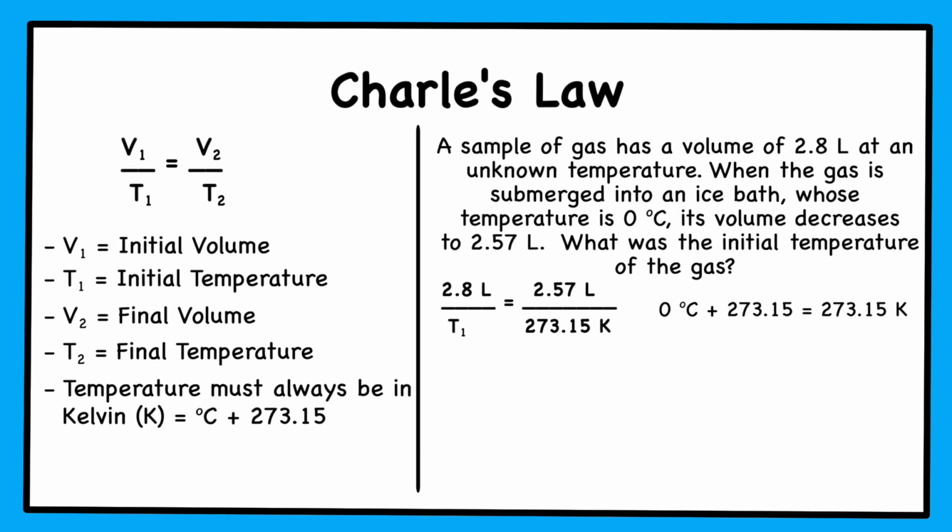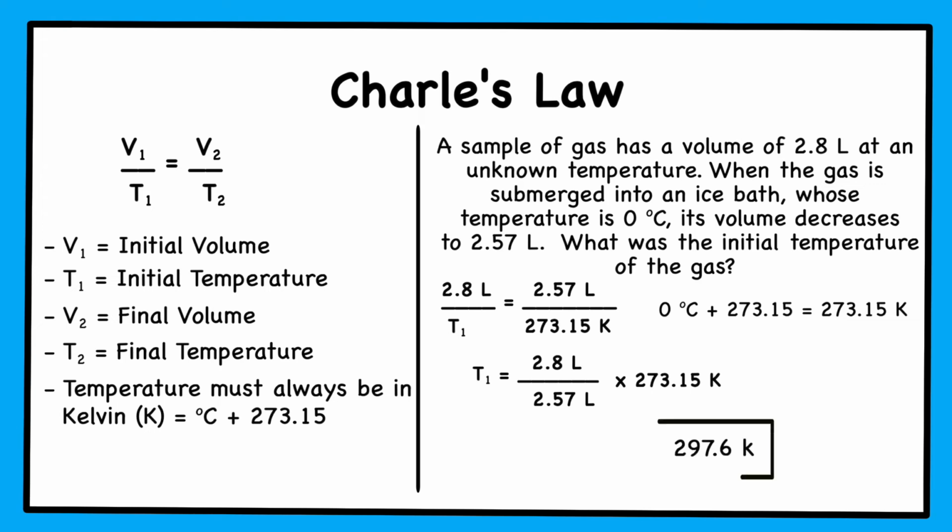Now we are going to rearrange our formula so that we can get our remaining unknown, which is our initial temperature, by itself. So our formula should read T1 equals 2.8 liters divided by 2.57 liters multiplied by 273.15 degrees Kelvin. If we solve this formula, we should get 297.6 degrees Kelvin as our initial temperature.